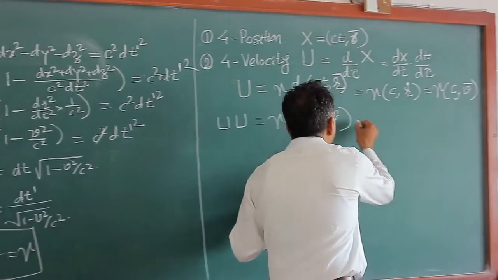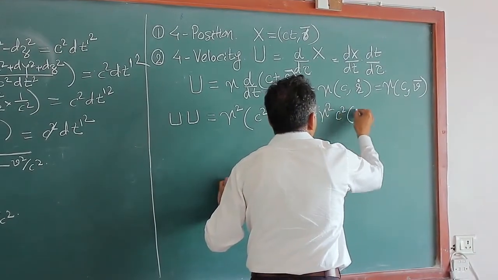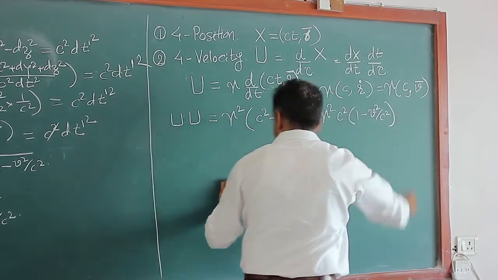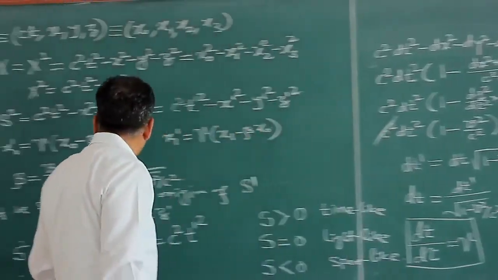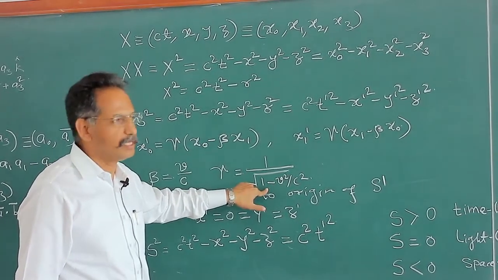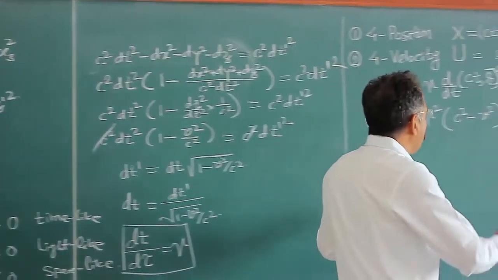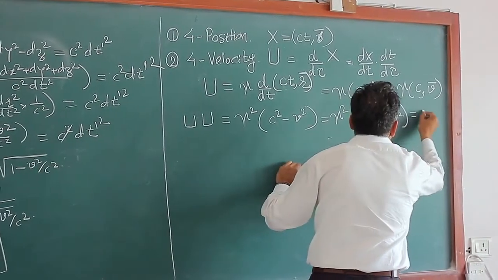So gamma square into c square inside bracket 1 minus v square by c square. If you look at gamma, it is 1 upon under root of 1 minus v square by c square. So if you work out gamma square, this will be simply c square.